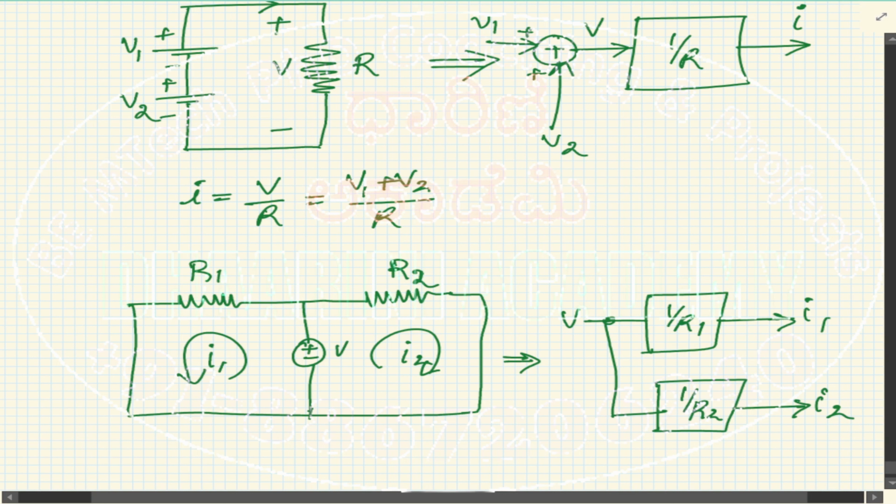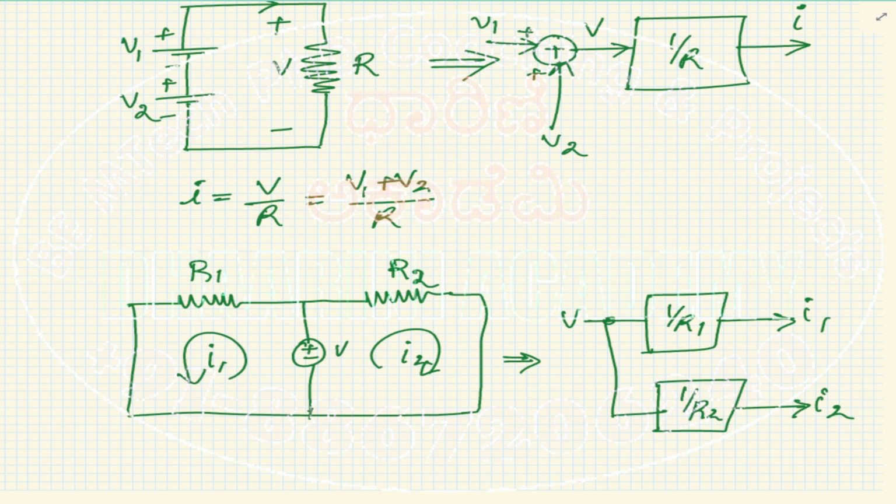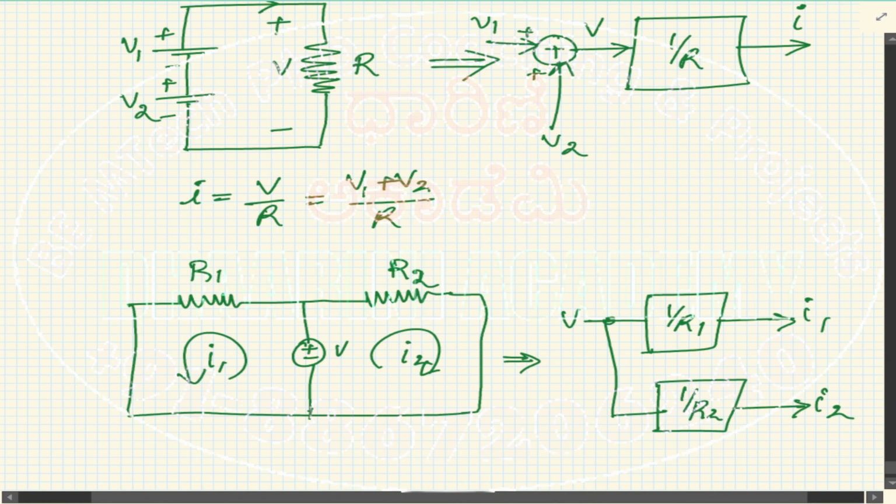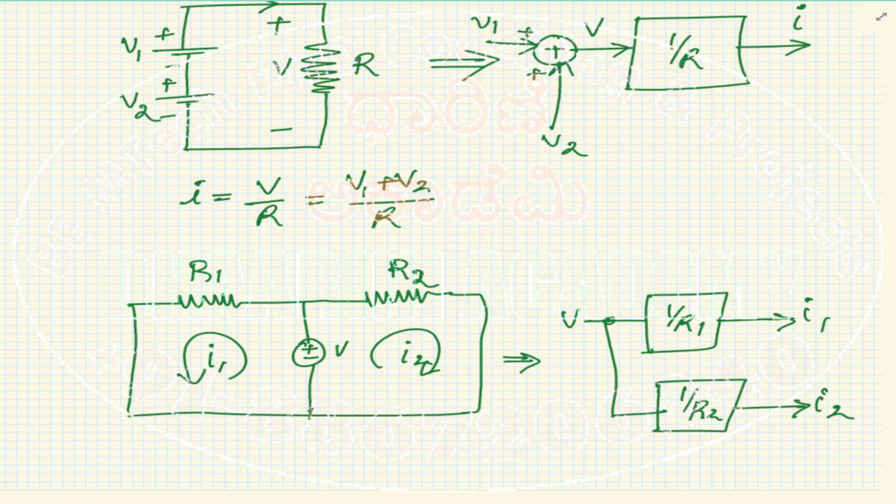Just now we understood that any mechanical system can be converted into electric, and now we understood that electric can be written as a block diagram. So anything, either electric or mechanical system, can be directly represented in the form of a block. Multiple types of blocks can be used, and we can represent any given system.